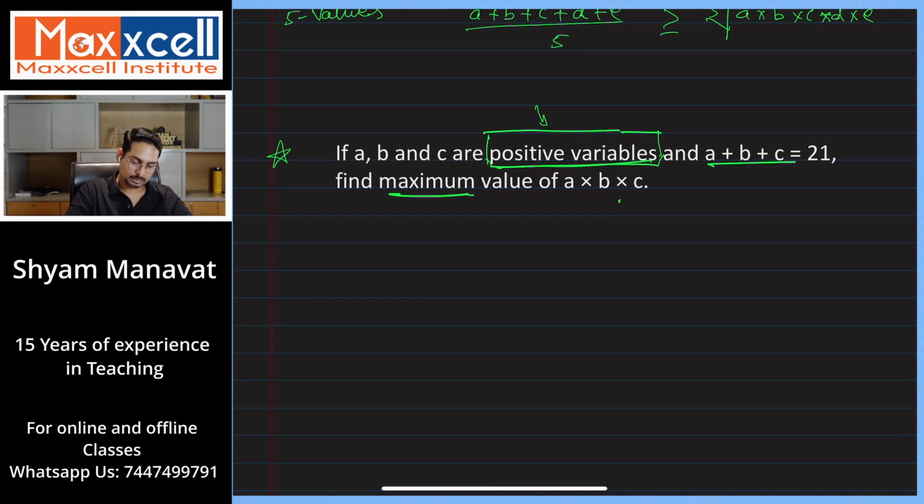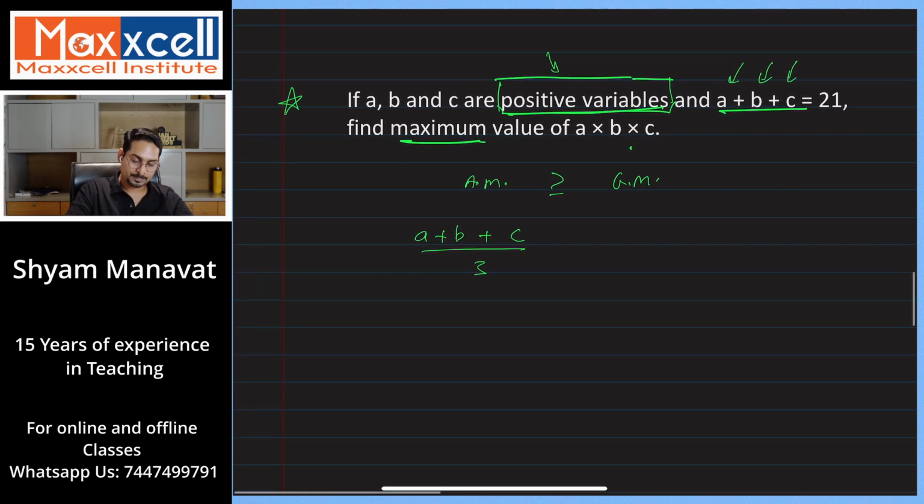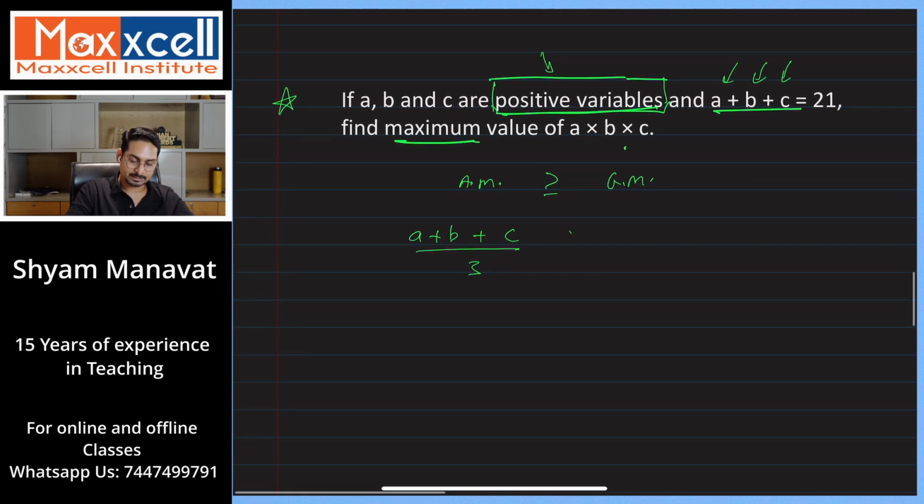So arithmetic mean being more than equal to geometric mean, with respect to A, B, and C, I can say arithmetic mean to be A plus B plus C by 3. चलेगा? दौड़ेगा? Now this is greater than equal to geometric mean, which is what? Cube root of A into B into C.